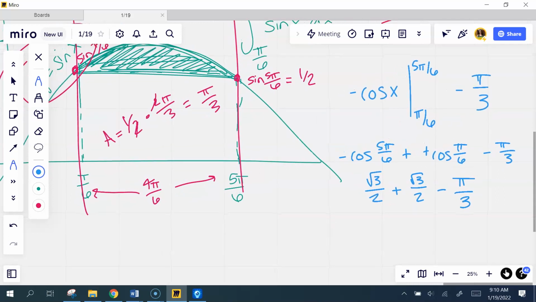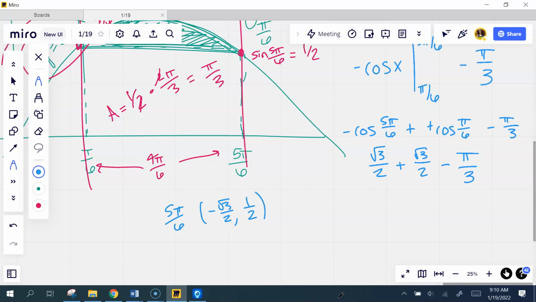No, just once. That's just one. At 5 pi over 6, the coordinates are negative square root of 3 over 2, 1/2. Right? At pi over 6, the coordinates are square root of 3 over 2, 1/2. So it's right.